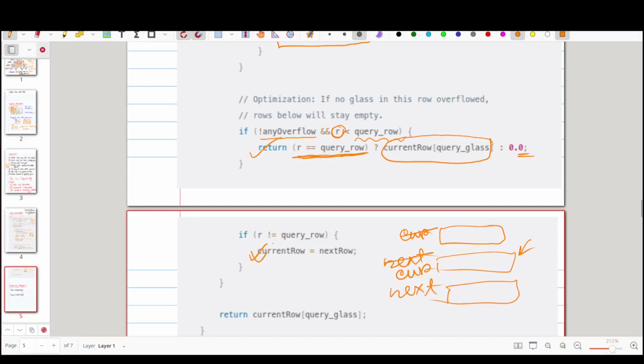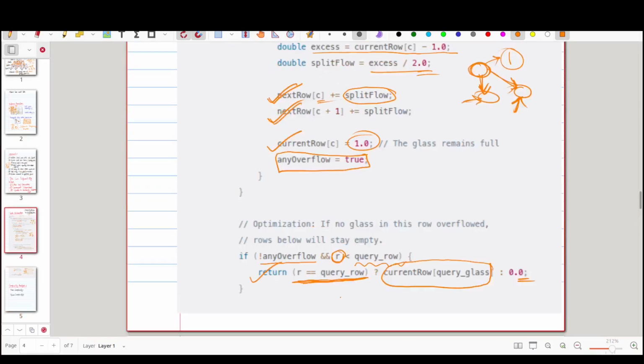So these are the conditions. If R is not equal to query row, that means we are not in the query row, we update our current row as next row, and at last we return the current row's particular query glass, that means the column number you consider. So this way you can code it easily.